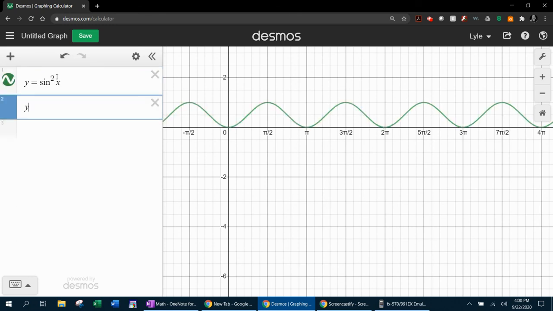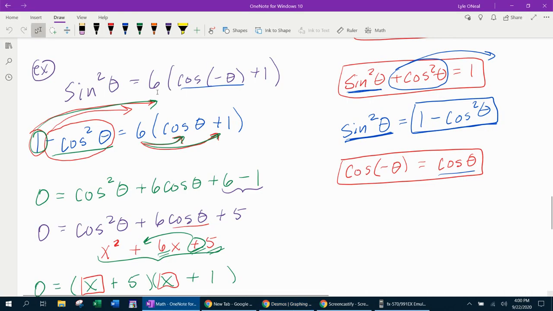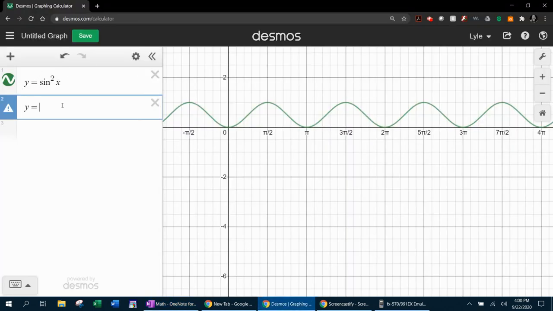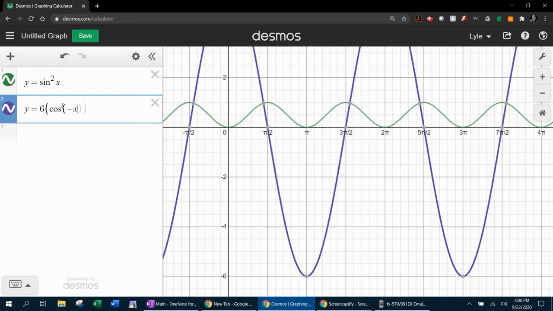And then for the other equation, we're going to graph the right-hand side, which is 6 cosine negative theta plus 1 in parentheses. 6 cosine negative theta, or negative x, plus 1.